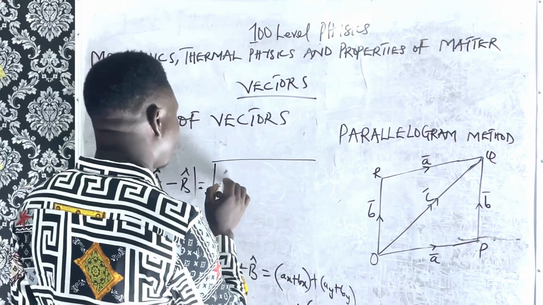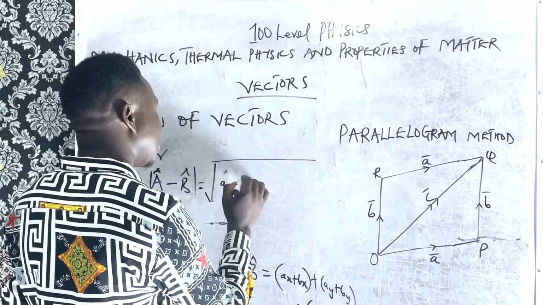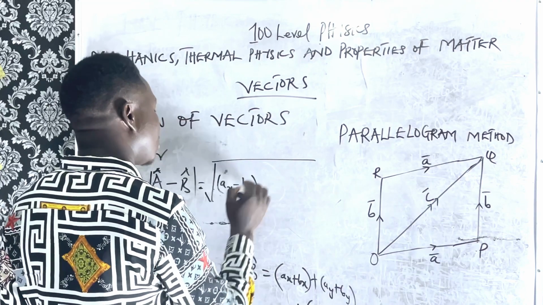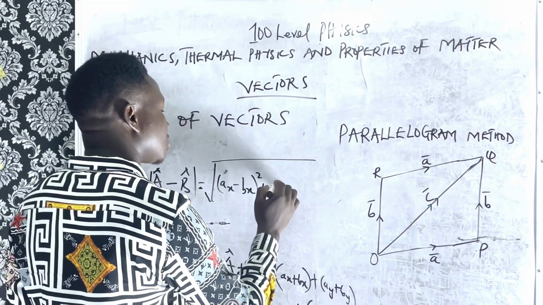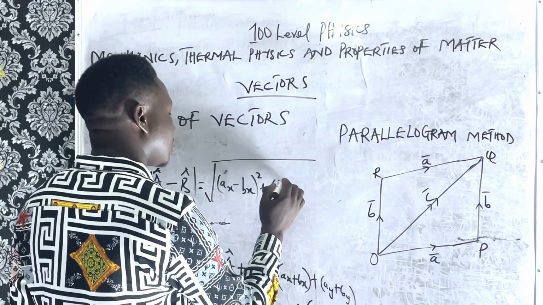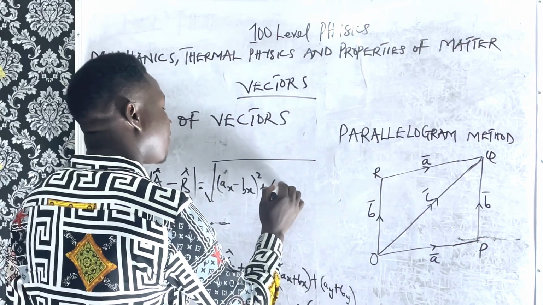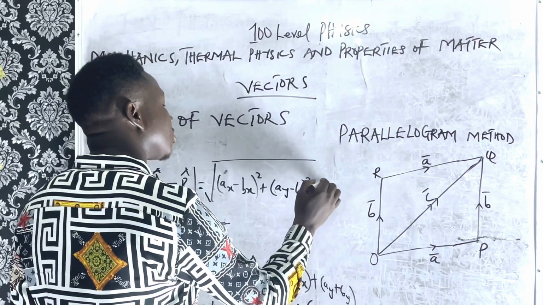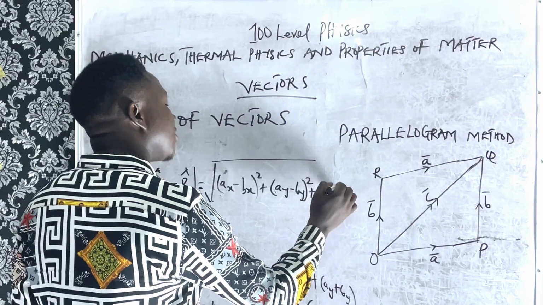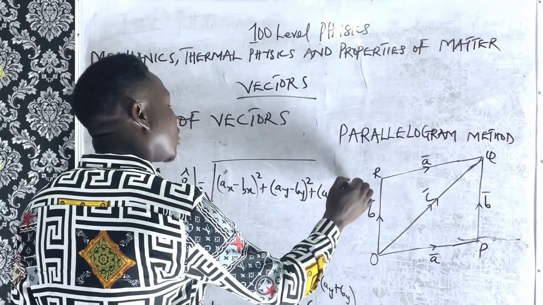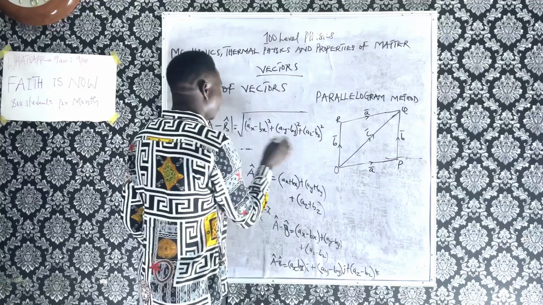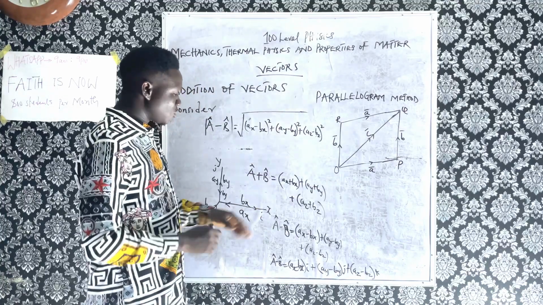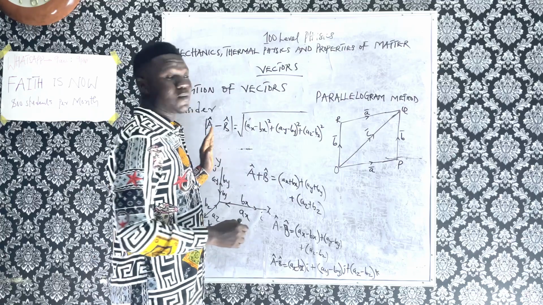We square each of them, so that will be ax minus bx all squared plus ay minus by all squared plus az minus bz all squared. Okay, this is what we call magnitude. The same thing goes for a plus b. This is for a minus b.